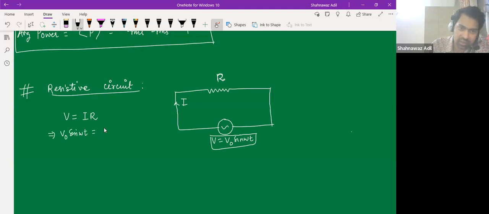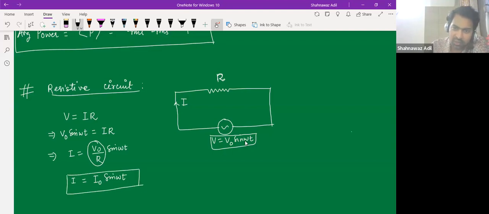The ultimate aim is that we want to find the current in every case. So the current would be V naught by R times sine of omega t. This is a constant number, so let us say that this is I, and this would be the current.